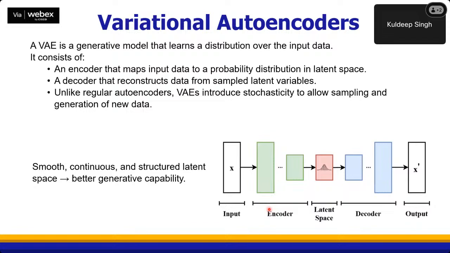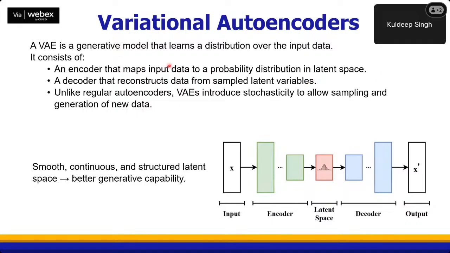So basically, a variational autoencoder is a generative model which learns the distribution over the input data, and it consists of these parts. One is the encoder, whose task is to map the input data to a probability distribution. Secondly, the decoder will reconstruct the data from the sampled latent variables.